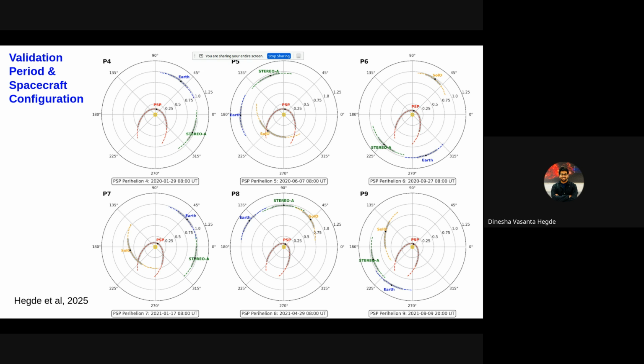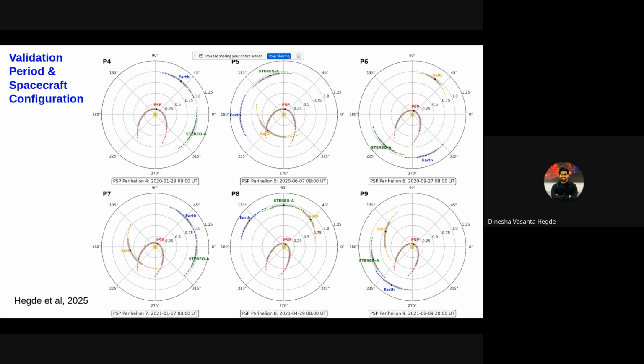And considering the perihelion distance of PSP, after P8 and P9, PSP reaches 15 solar radii close to the Sun, and we were interested in validating that in the inner heliosphere.